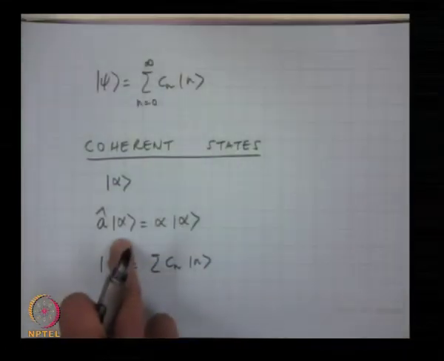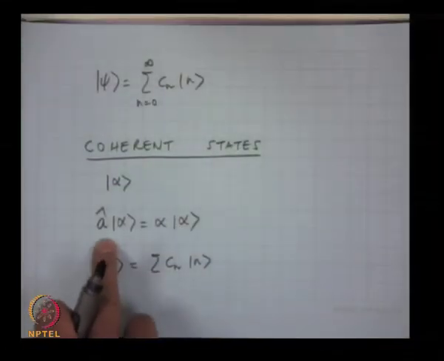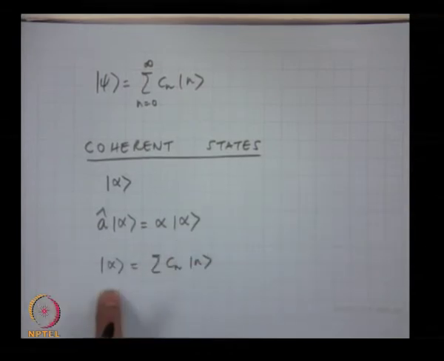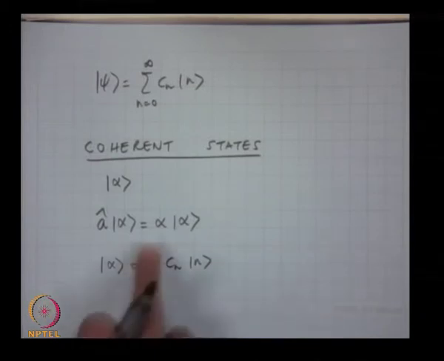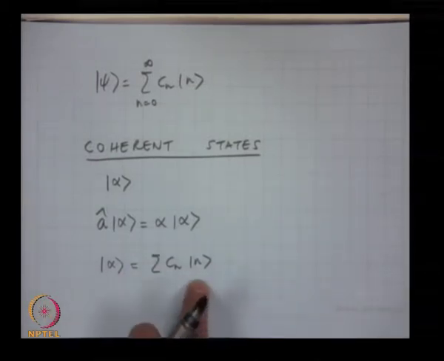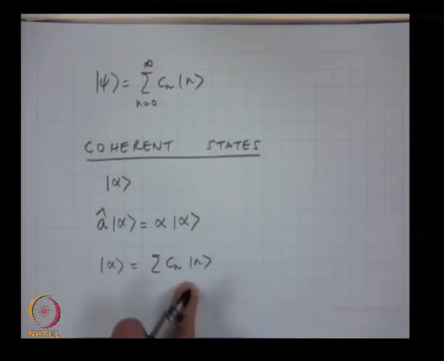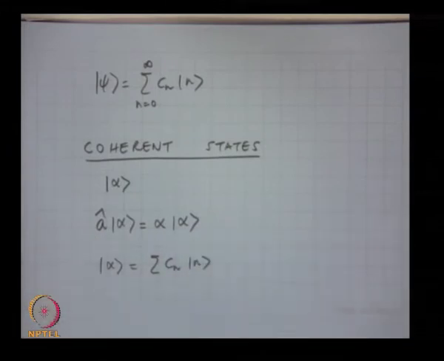So what I'm doing is I want to look at states which are eigenstates of the annihilation operator, and I expand because the n-ket states form a complete set. I can write any state as a linear superposition of the n-ket states. So I want to substitute this into this equation to find out the values of Cn.